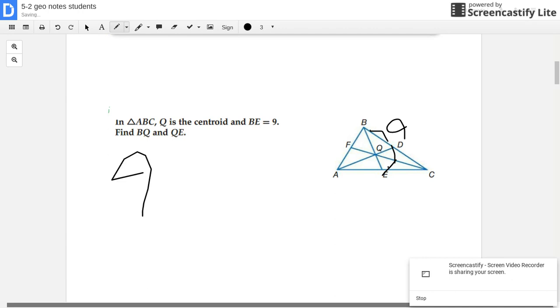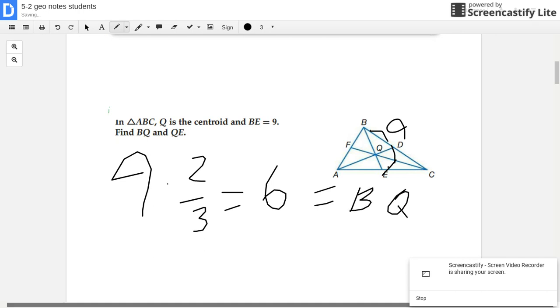So you could take 9 times 2/3, which would be 6, which would equal BQ, the larger part. And QE is a third of that, or the rest. If this is 6, then there would be 3 left since you would add them together, which would equal QE. Awesome. You're doing great.